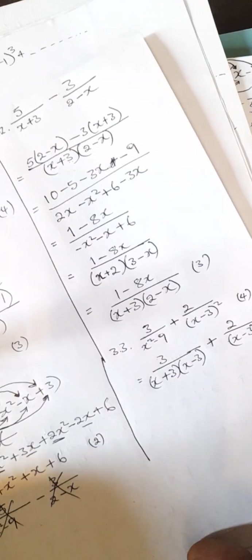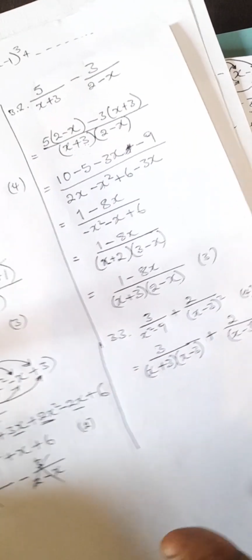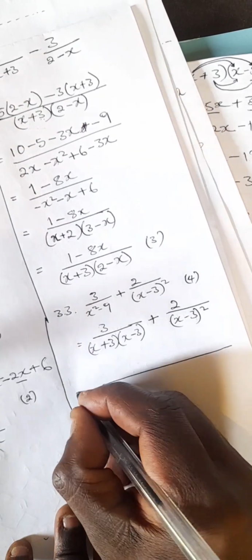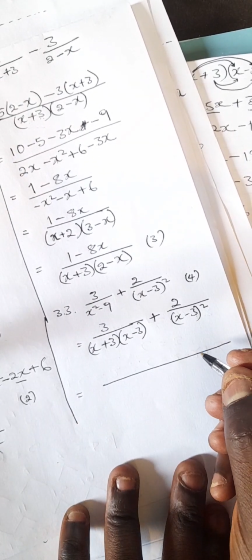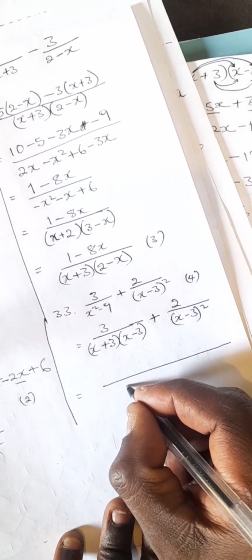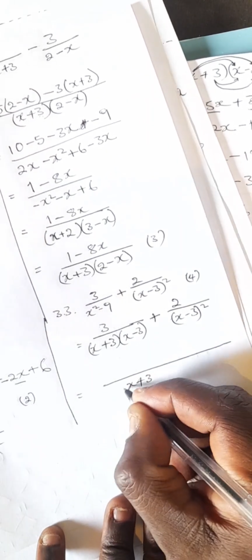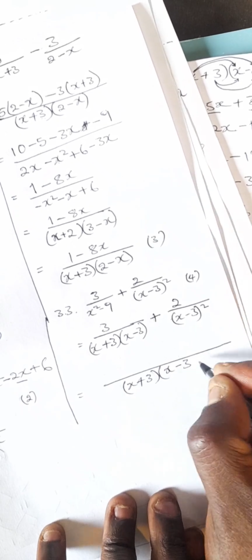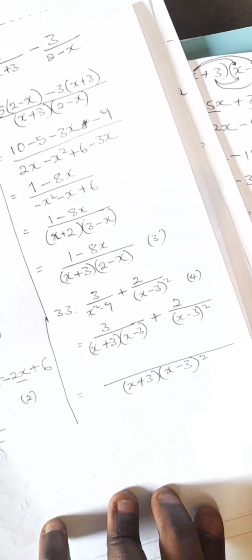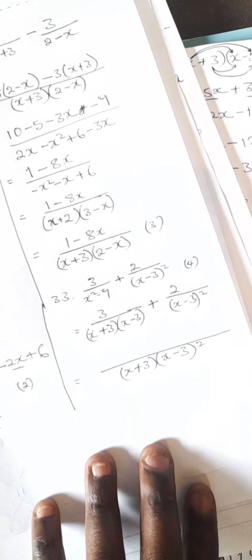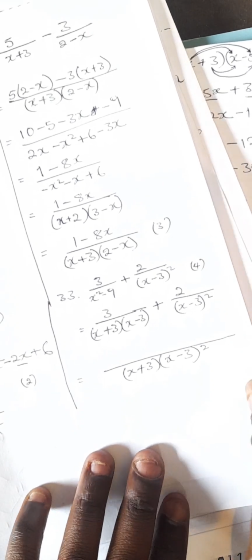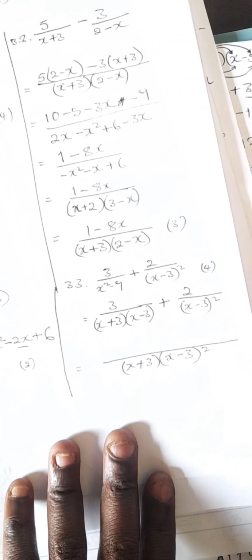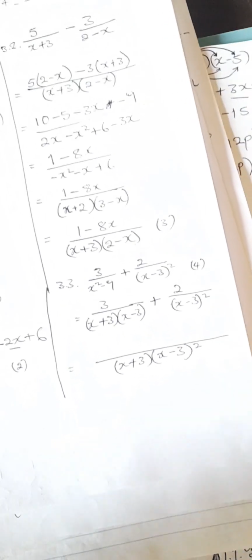So my next step is x plus 3, x minus 3 squared. That's my LCD. Okay, next step.